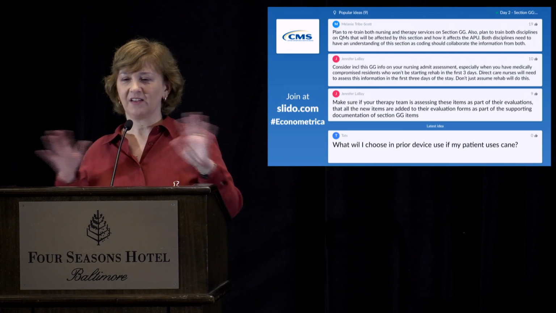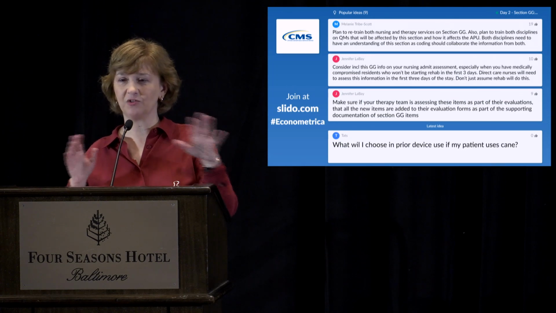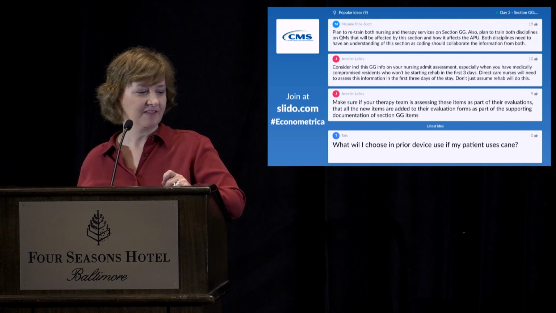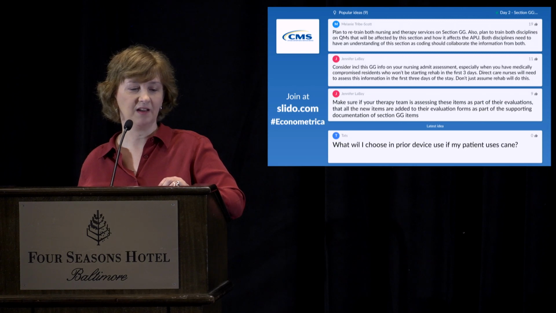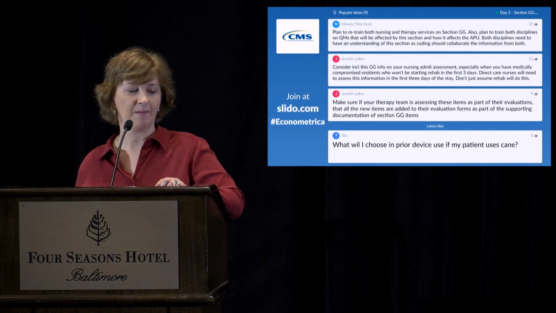So if the person doesn't use a cane, or if the person uses a cane but none of the other activities, you check none of the above. Let's see, consider including this GG info on your nursing admit assessment, especially when you have medically compromised residents who won't be starting rehab in the first 3 days. That's excellent advice. Direct care nurses will need to assess this information in the first 3 days of the stay. Don't assume rehab will do this.